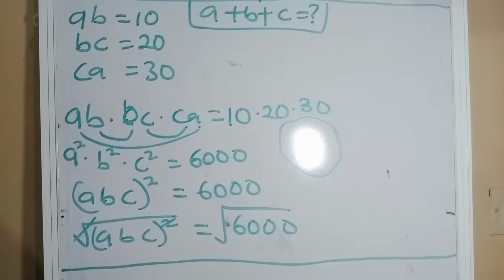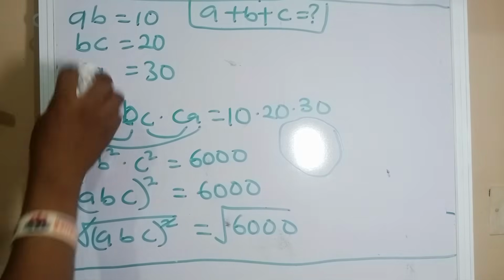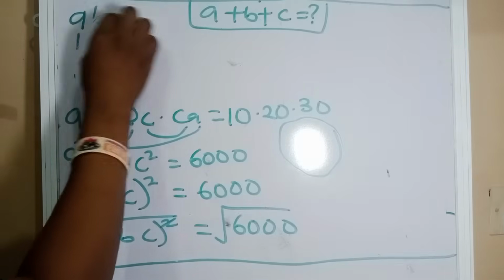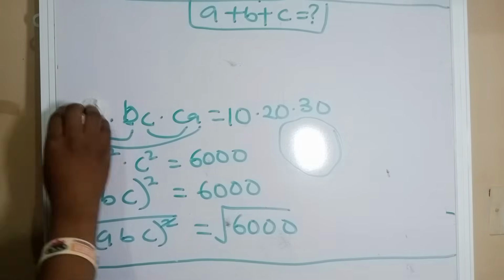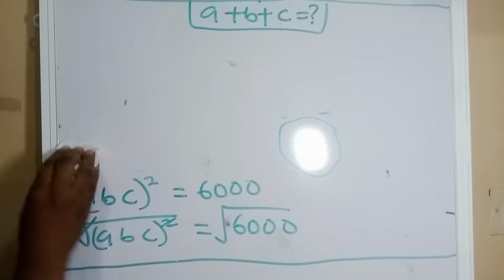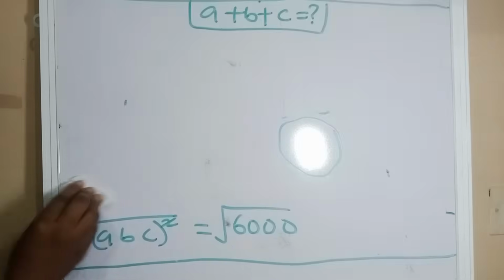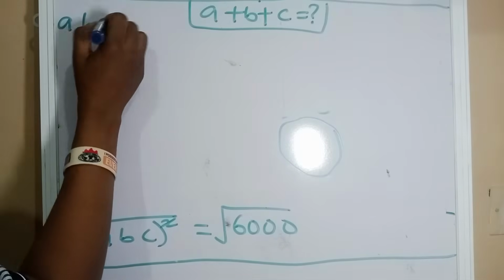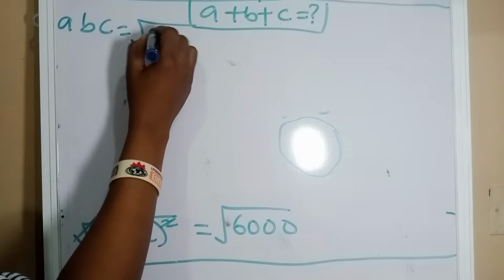So we're left with ABC is equal to the square root of 6,000. So ABC is equal to the square root of 6,000.